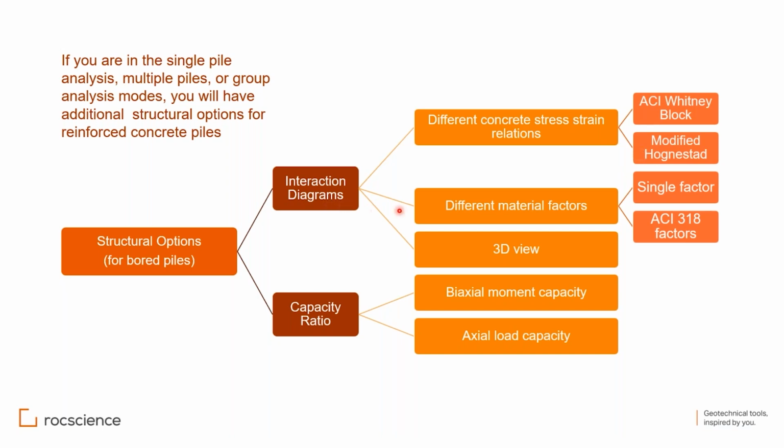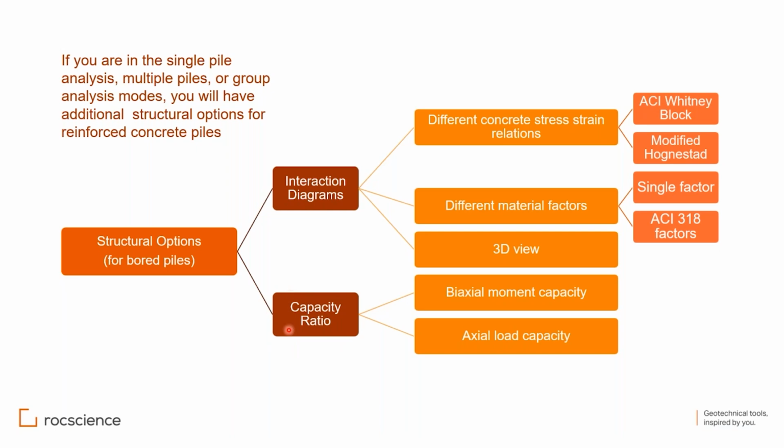Also, in the interaction diagrams, we can define different material factors. We can define single factors and ACI factors, and we are intending also to add more factors. Maybe in the future, we can add Eurocode. It all depends on the plan we're moving on. It's a very heavy plan, in fact. Then you can see a 3D view for the interaction surface.